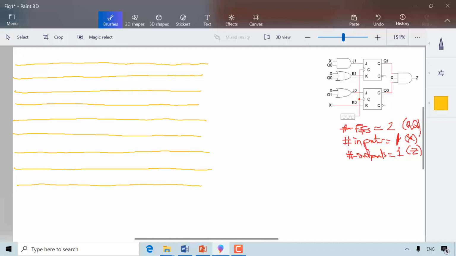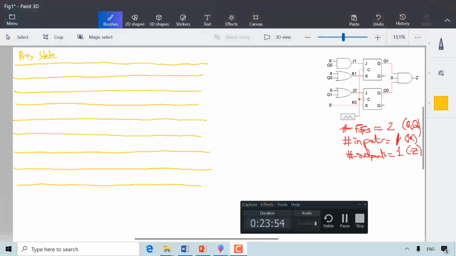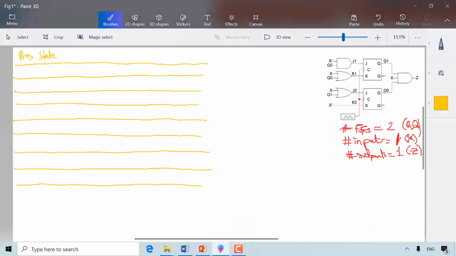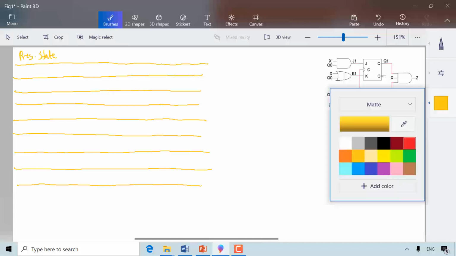Okay, now, first of all, in the state table, as we said, we have the present state. And in my case, I have the present state of Q1 and Q0.